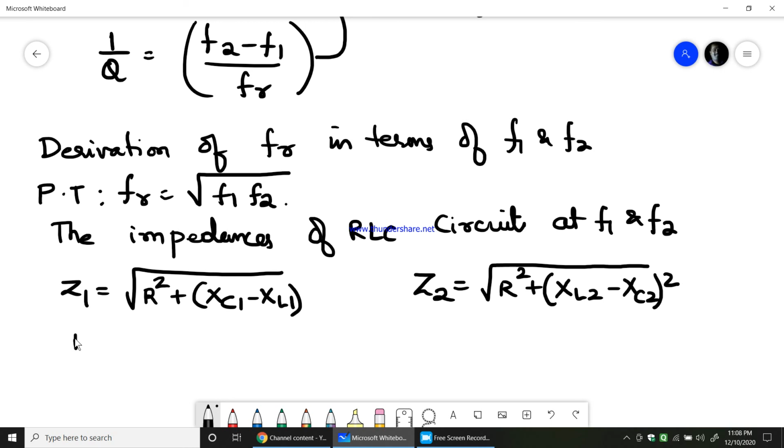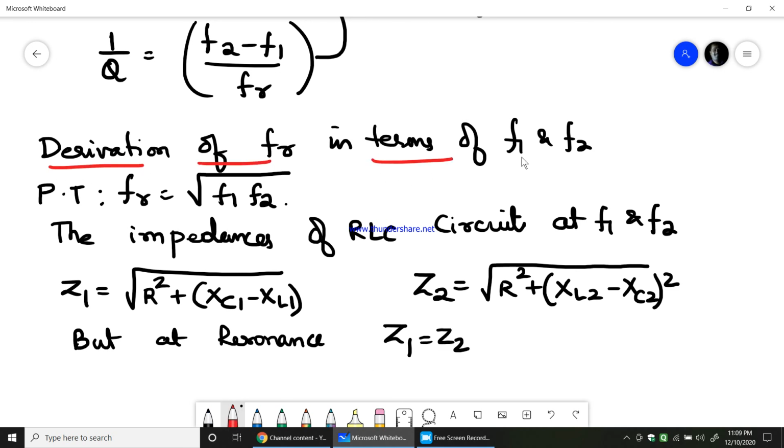But we know that at the cutoff frequencies z1 equals z2.